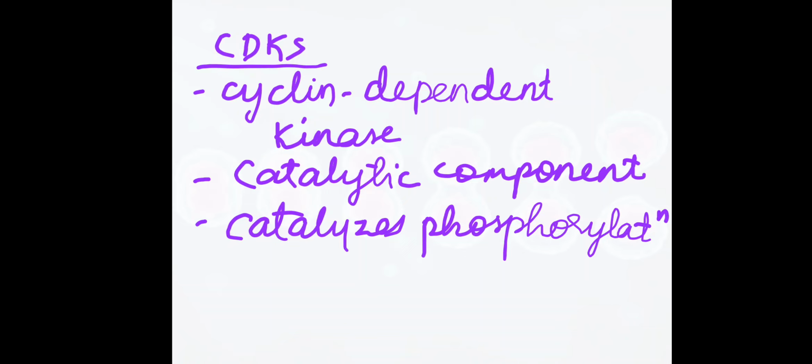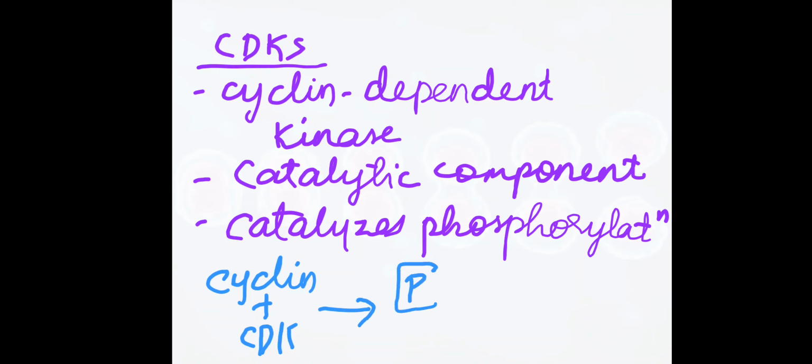So to which amino acid of a specific protein does it add a phosphate group? First it needs to be activated. First cyclin binds to CDK, then it adds a phosphate group to the protein.